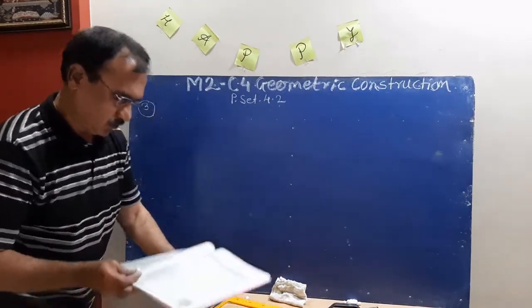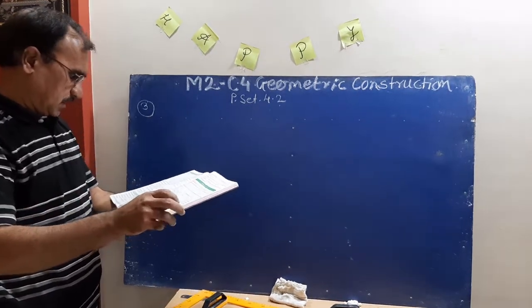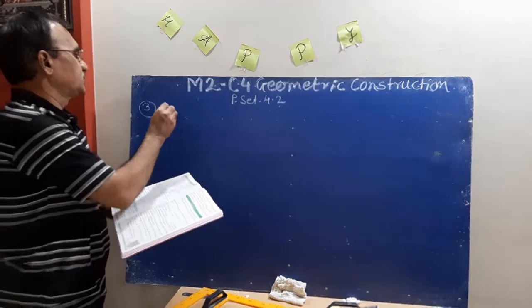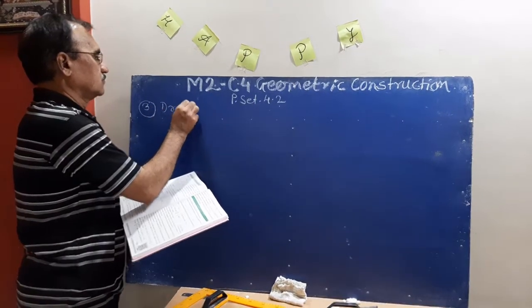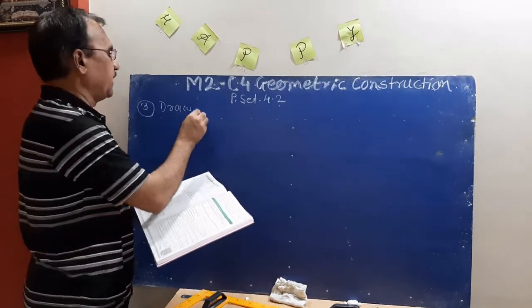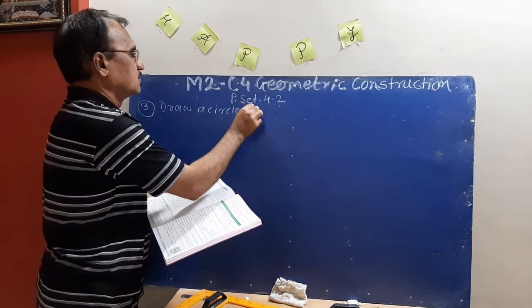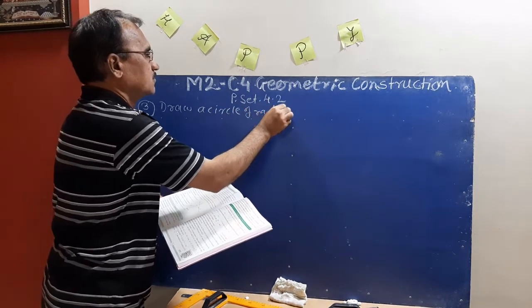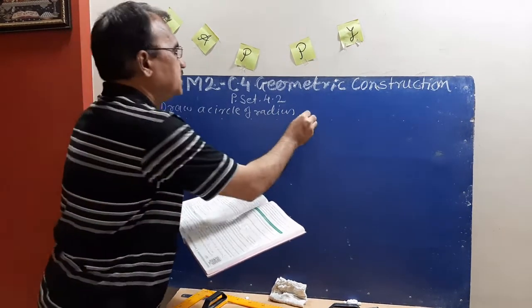In your textbook, the third example is without using center. Draw a circle of radius 3.6 cm.